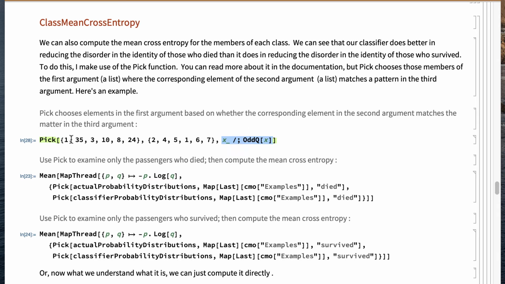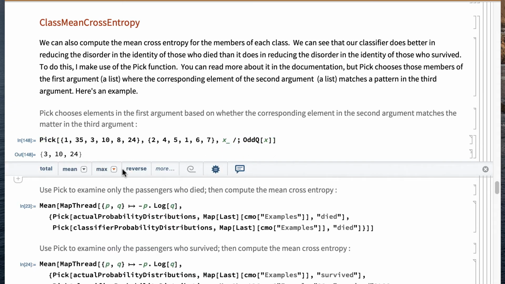It's not, so we don't pick 1. 35, we look at 4. Is 4 odd? No, it's not. So we don't pick 35. 3, we look at 5. Is 5 odd? Why, yes, it is. So 3 gets picked. And we go through this for each one of these, looking at the corresponding element in the second argument, and we then see if it matches the pattern. So we end up with 3, 10, and 24.